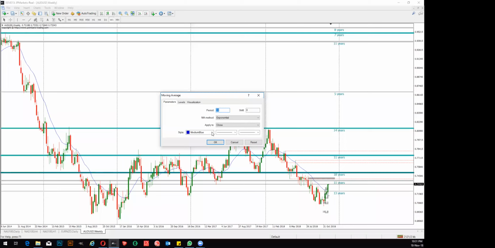Then I'm gonna put number 9, and make it red. Can you see what's happening on a weekly? We've got the 18 and the 9 EMAs. These help you in determining the direction of the market. Can you see what's happening?